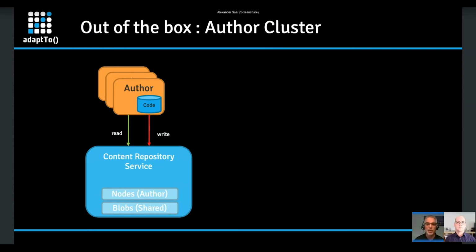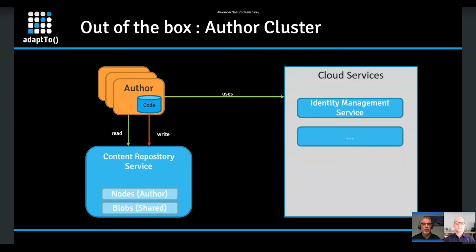While the existing instances are still running, new instances are spun up with the new code, and they start to connect to the shared content repository. And once all of the new services are running, the old ones are basically stopped. And due to these rolling updates, there's no downtime of the author, and there are no interruptions. I mentioned earlier on that we have additional services as part of our cloud.